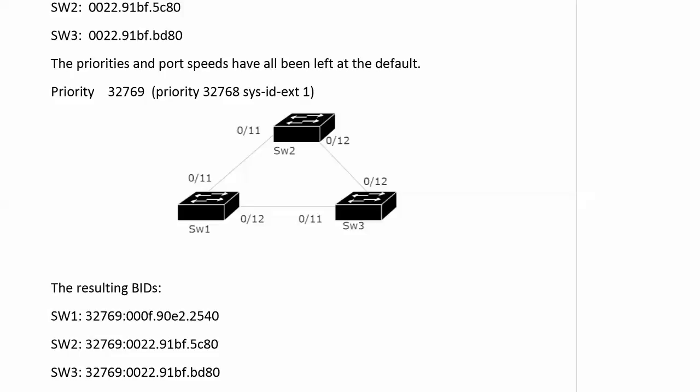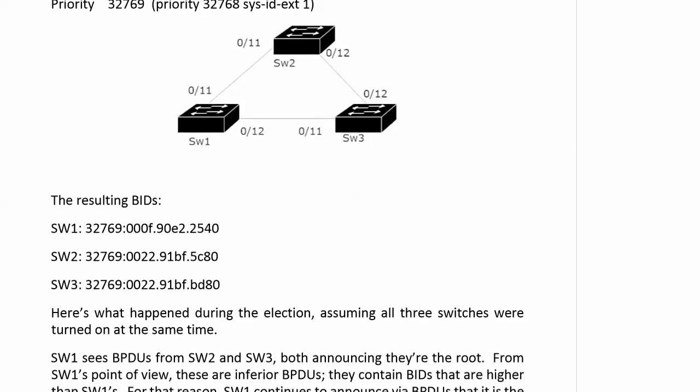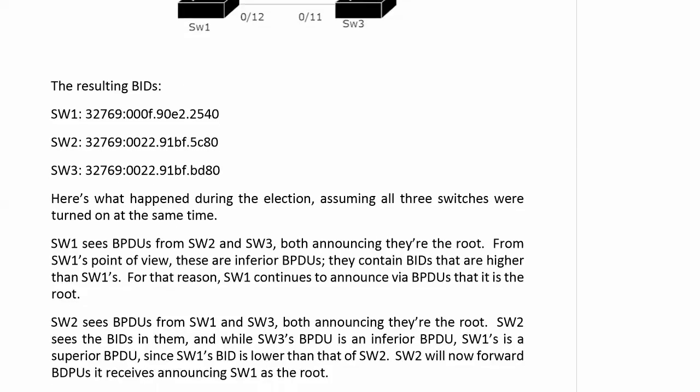That shouldn't surprise us. Let's talk about what happened during the election, assuming that all three switches were turned on at the same time. Switch 1 is going to see BPDUs from switch 2 and switch 3, and they're both saying, hey, I'm the root. From switch 1's point of view, these are inferior BPDUs, because switch 1 has a lower bid.